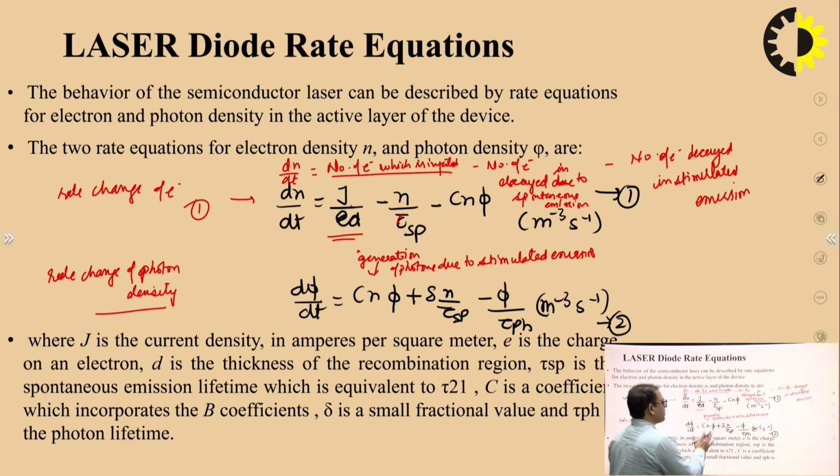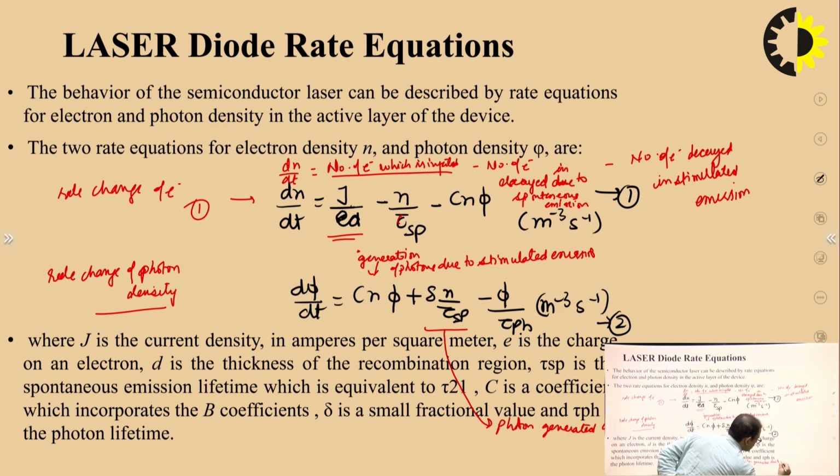Clear? Plus some photons generated due to spontaneous emission, when there is a radiative recombination.